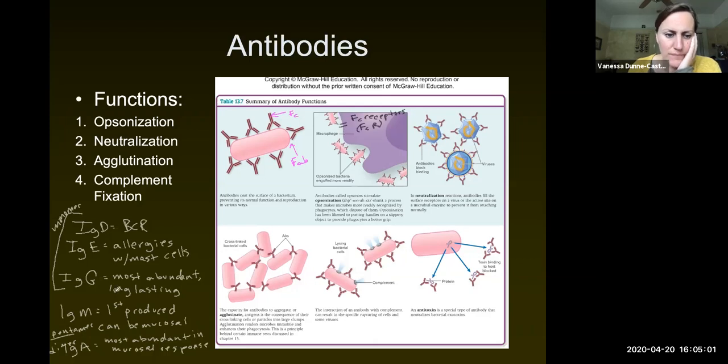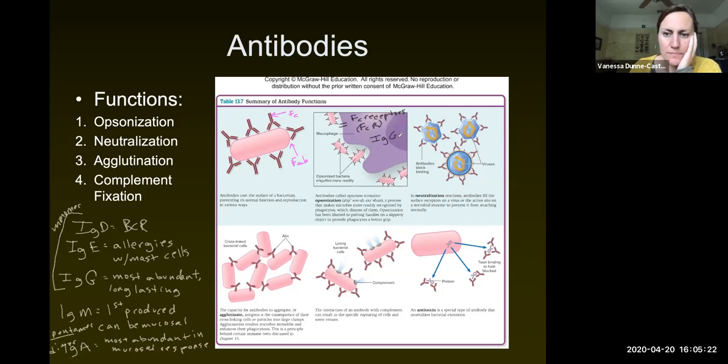And if you consider these different classes, first of all, IgE and IgD are not really in circulation. IgG is the only one that exists as a monomer that has the ability for this Fc tail to stick out.